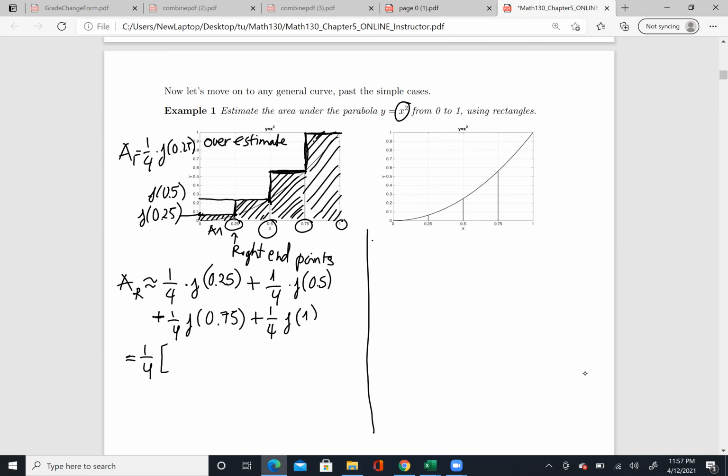So another midpoint is going to be here and here. So for this midpoint, you will have another rectangle, and another rectangle. Here we go.